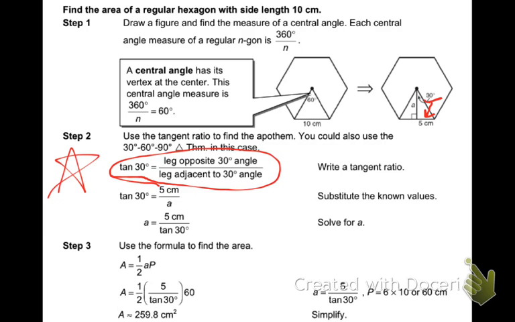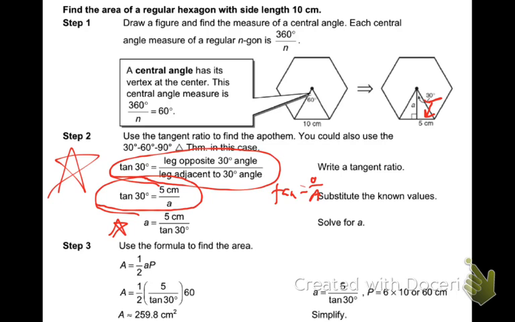That is important. That's the toughest part about today, is you're going to have to use tangent functions to find some missing parts. So notice they did tangent is our TOA part. So tangent equals the opposite over adjacent. So tangent of 30 equals 5 over A, which is the same thing as 5 over the tangent of 30. So that means that is my apothem.